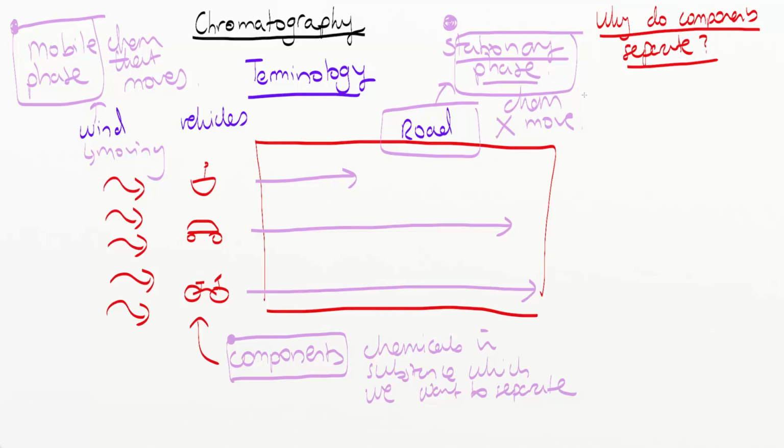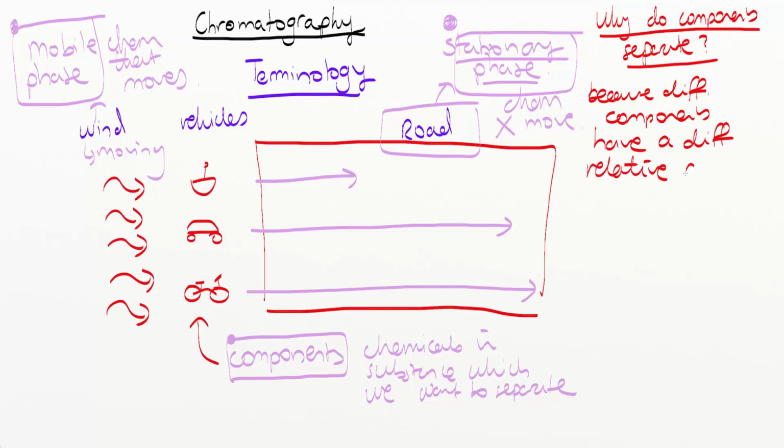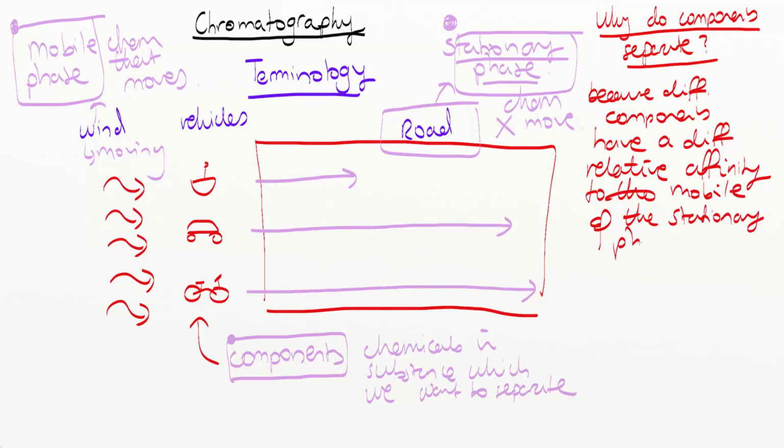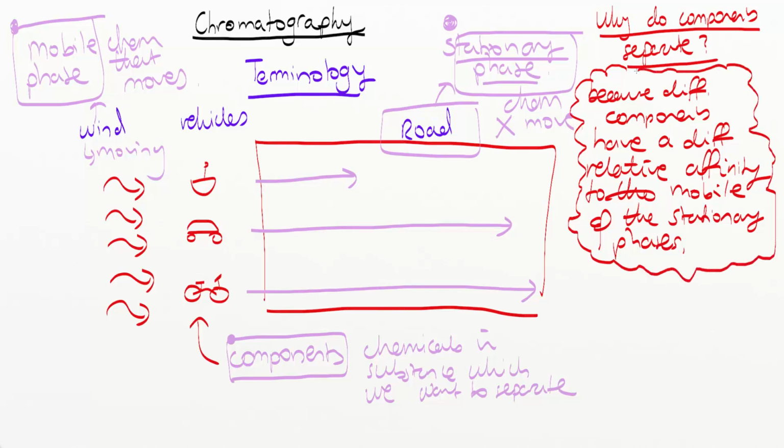The reason, which you want to write on the paper, is that components separate because different components have a different relative affinity to the mobile and the stationary phases.